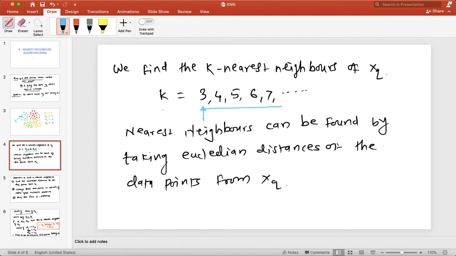So we find the k nearest neighbors of this XQ data point. And how do we find the nearest neighbors? One measure used to find the neighbors of XQ is Euclidean distance. We find the data points with the least Euclidean distance.